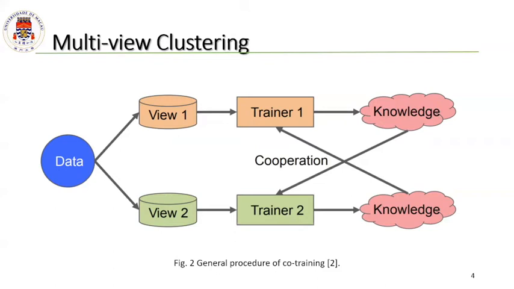Note that the success of co-training mainly assumes that all views provide learning labels in conditional independence, while in practice, it is usually too hard to satisfy the conditional independence assumption.